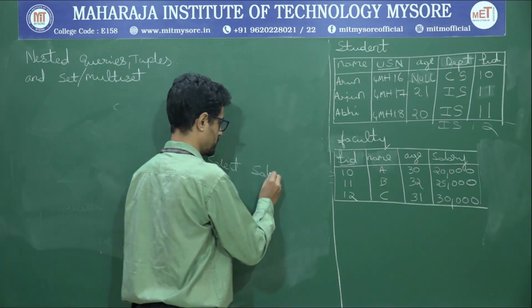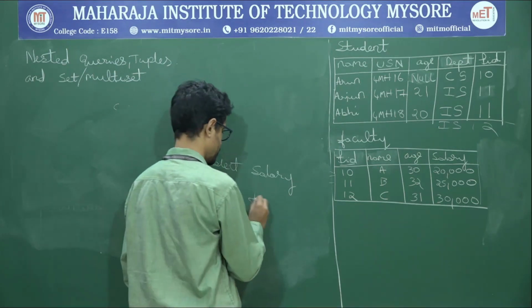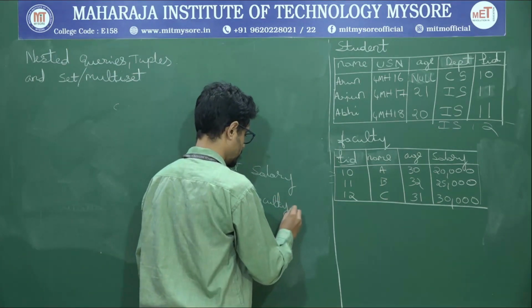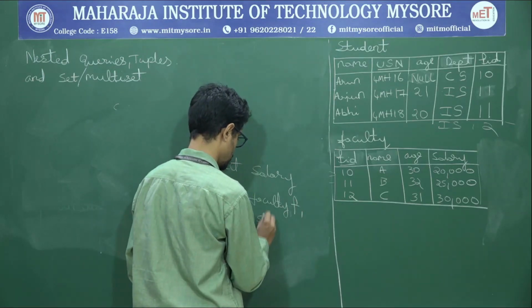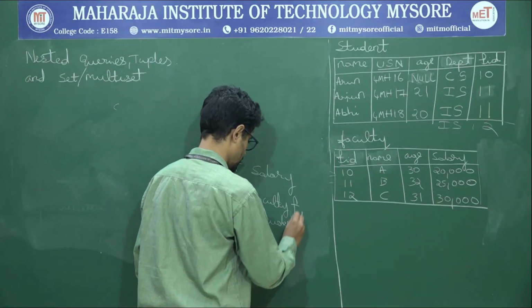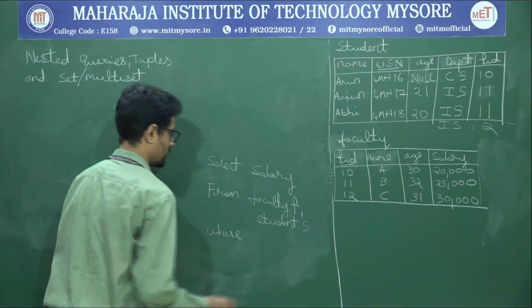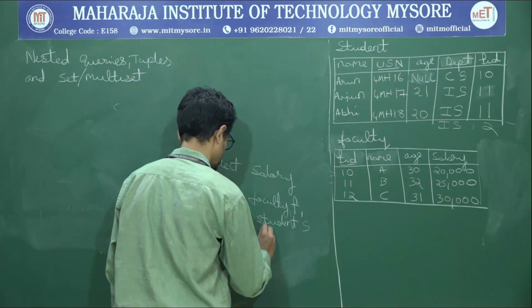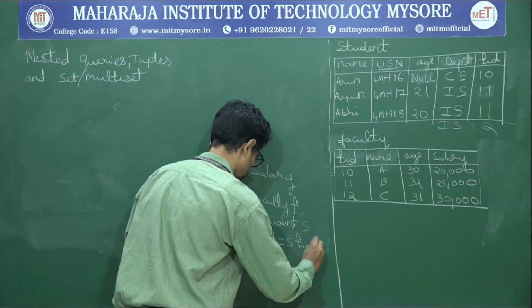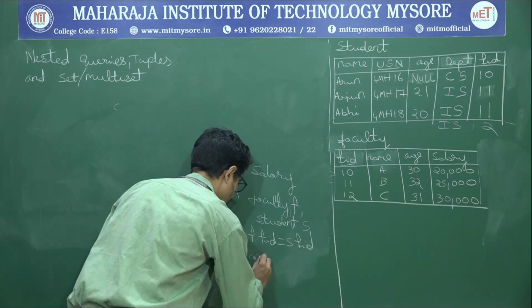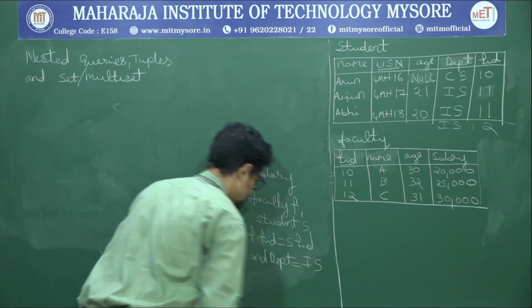Say, select salary from faculty F, comma, student S, where F dot FID equals S dot FID and department equal to IS.